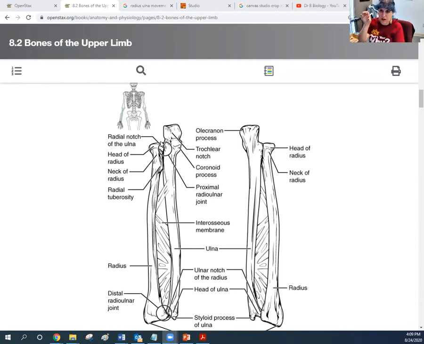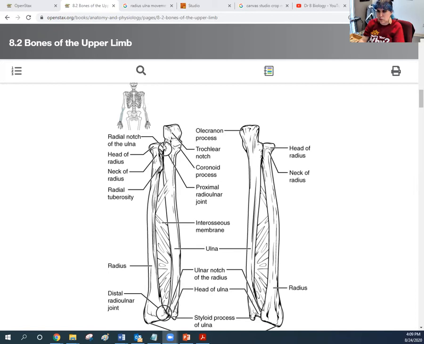Here's the olecranon process back here, and the ulna's trochlear notch. And here's that radial head. Here's that radial tuberosity that is pulled on by the biceps brachii.